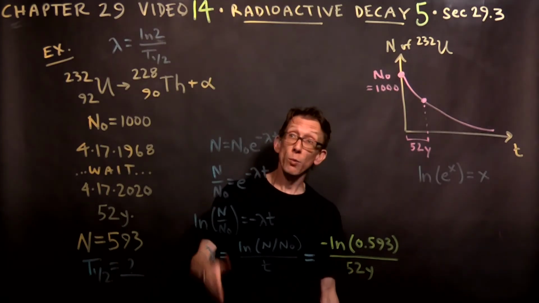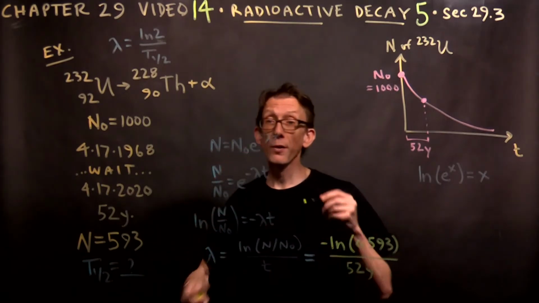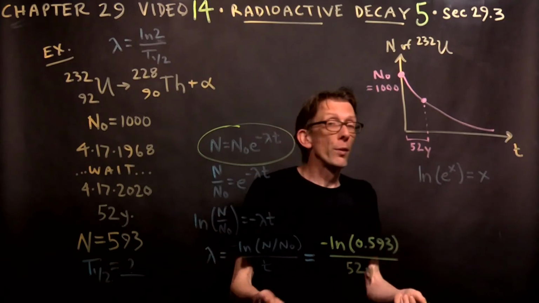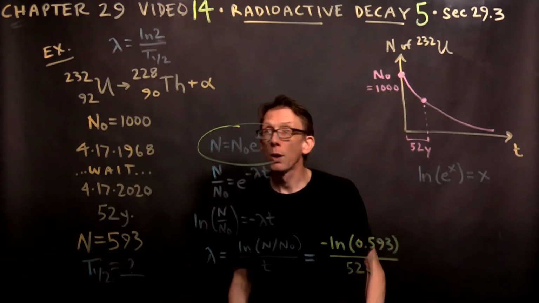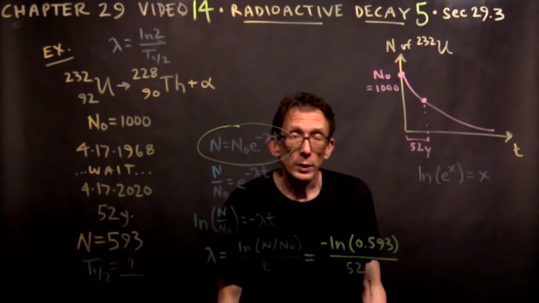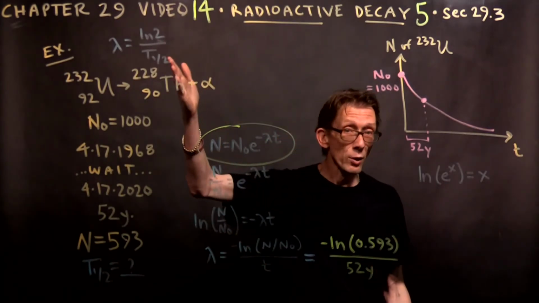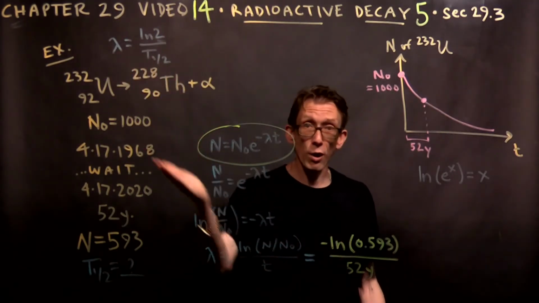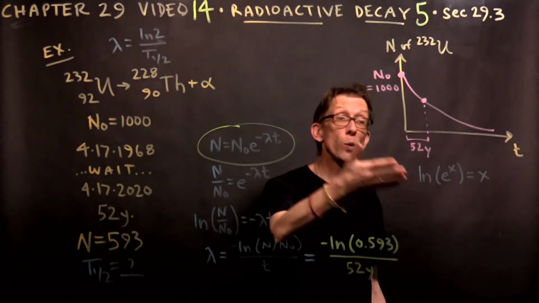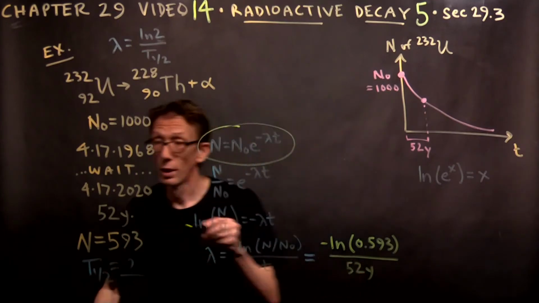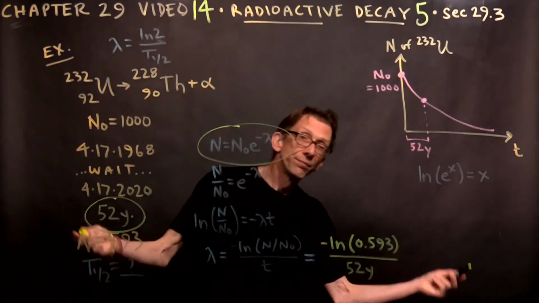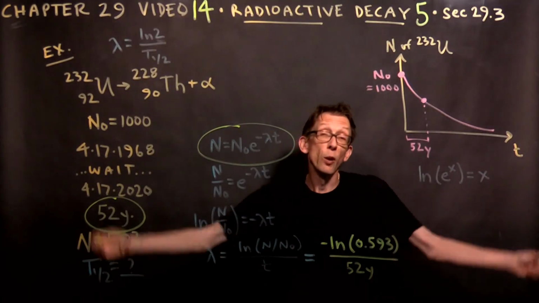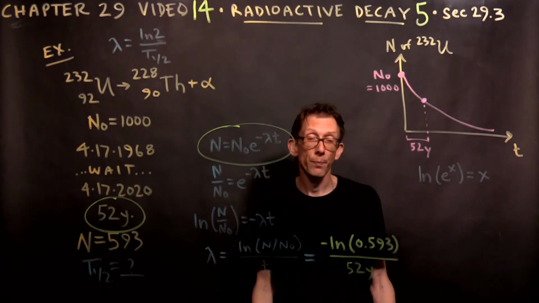Whenever you use this formula, whatever time unit they give you, whether milliseconds or billions of years, as long as you're consistent with that unit all the way through, you're fine. In this case, we're given years, so we keep years all the way through. We could have done it in days, but keeping it in years is the simplest.